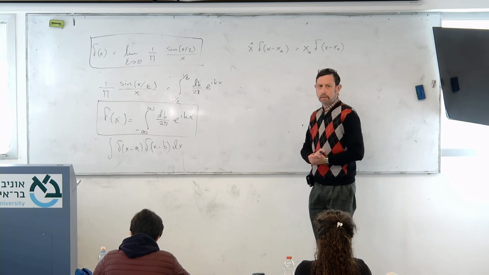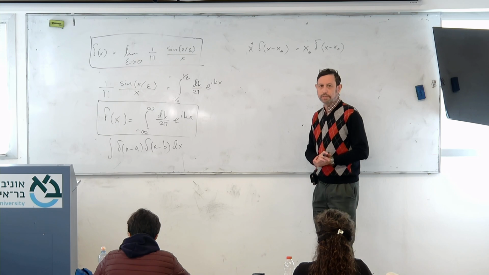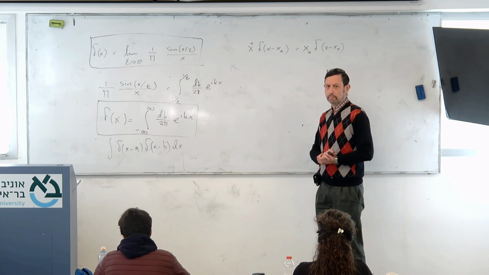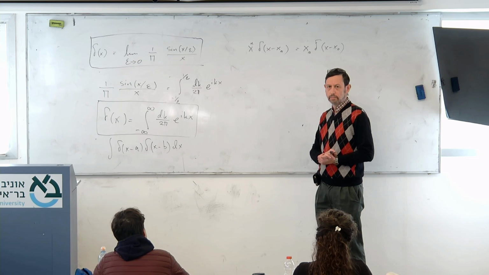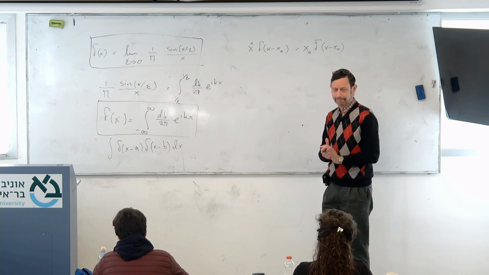Okay. What's the first thing that we know about eigenvectors? That they are orthogonal. Right.